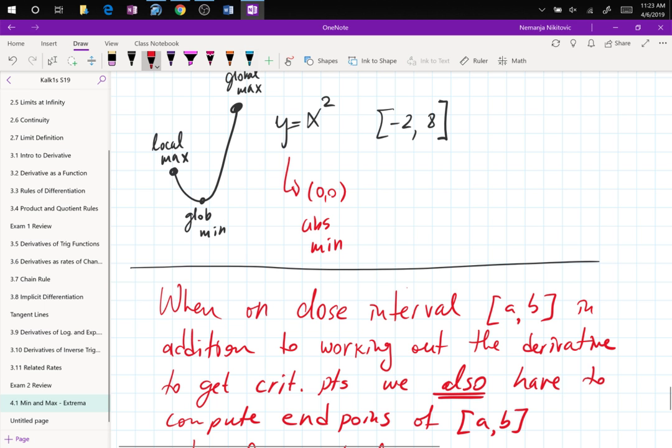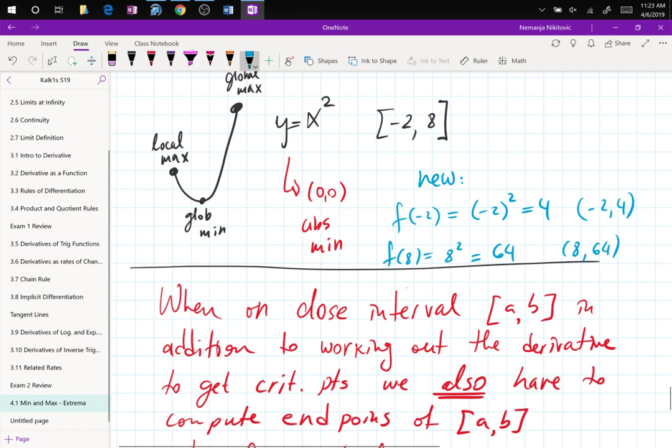So now what's new? What's new is f of negative 2, which is negative 2 squared, which is 4. So there is a negative 2, 4 point we have to worry about. And f of 8, which is 8 squared, which is 64. 8, 64.